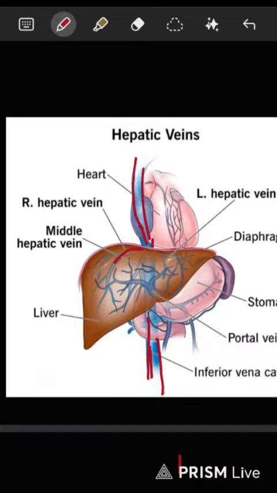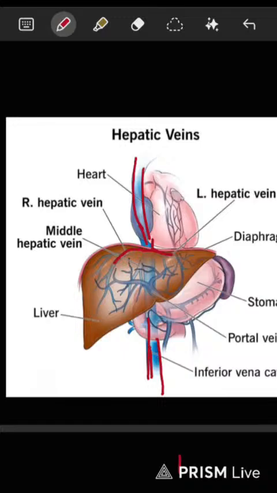There are two hepatic veins opening for both sides. This is the right hepatic vein, and this is the left hepatic vein. If you do the scan and there is a tumor in the area of the left or right hepatic vein, it's more important to show which area the hepatic vein is coming from and where the tumor is.